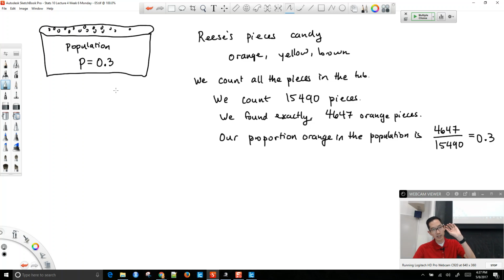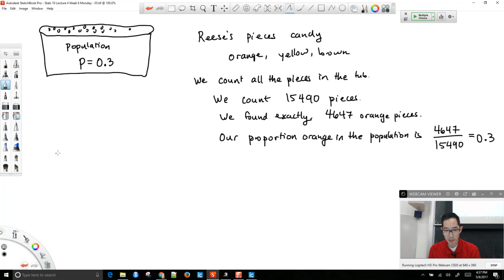Technically, it's not exactly the case. If I draw the first one and it's orange, then there's technically 4,646 orange pieces out of 15,489, and the proportion that's orange changes ever so slightly. But we'll say that the change is negligible, so we'll just pretend that I draw a bunch of pieces of candy at 30% orange. I think that's okay, right?